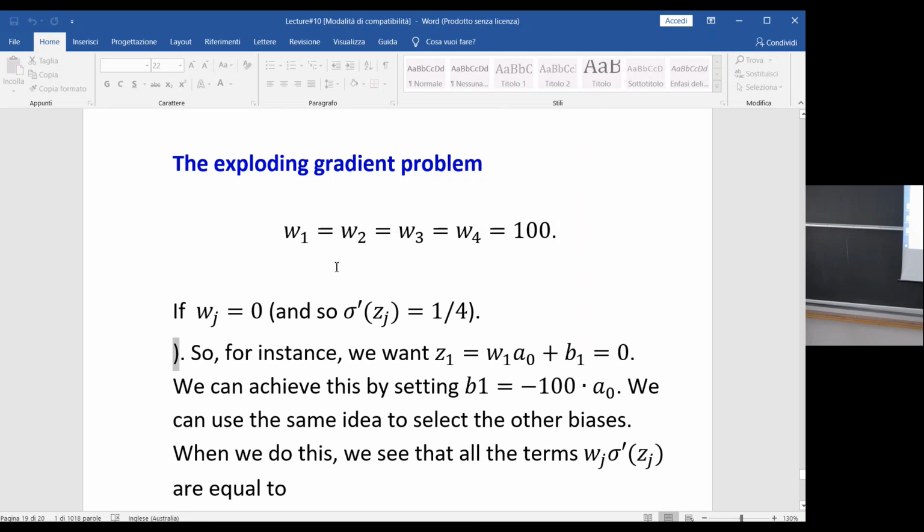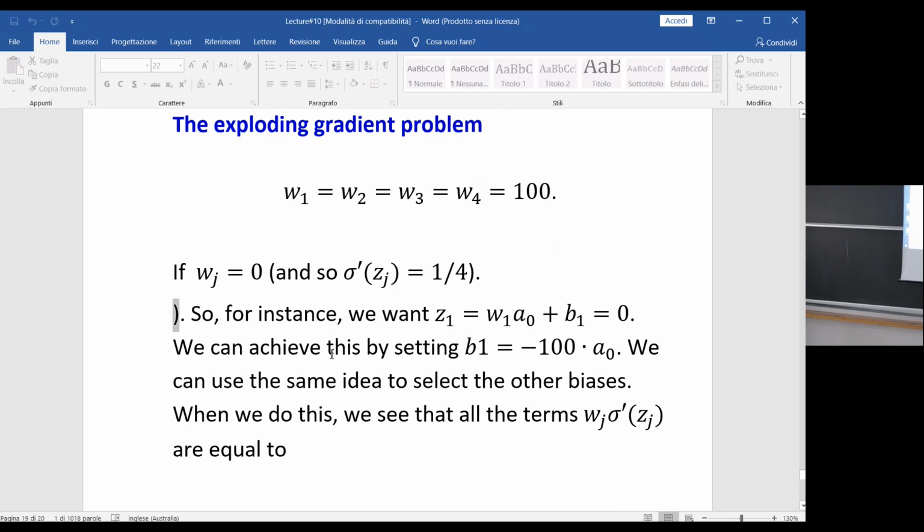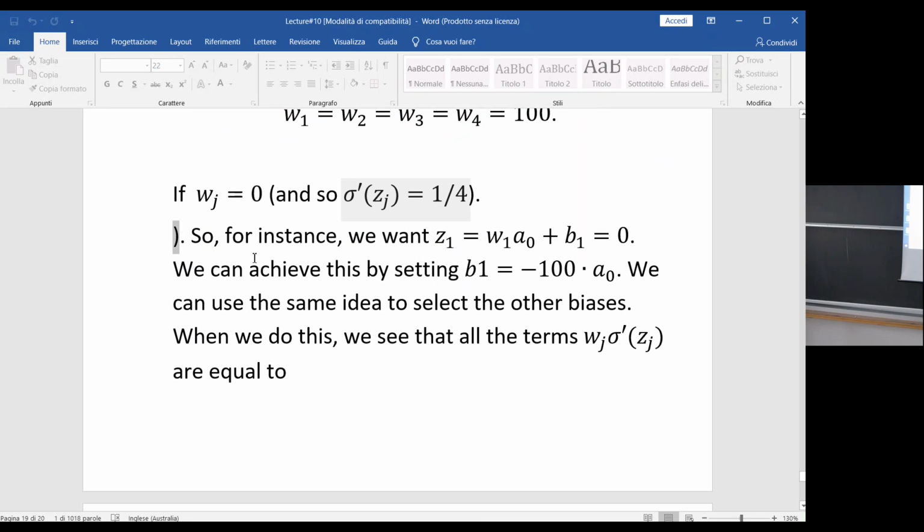For example, let us put W1 equal to W2 equal to W3 equal to W4 equal to 100. We know that sigma prime at 0 is equal to 1/4 by the definition of the sigmoidal function.